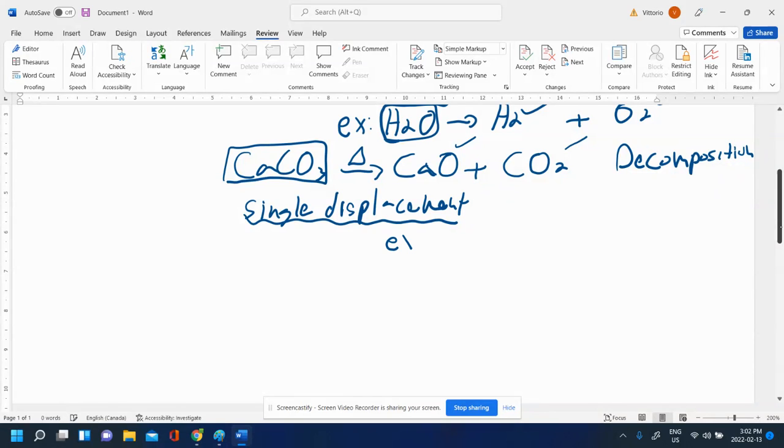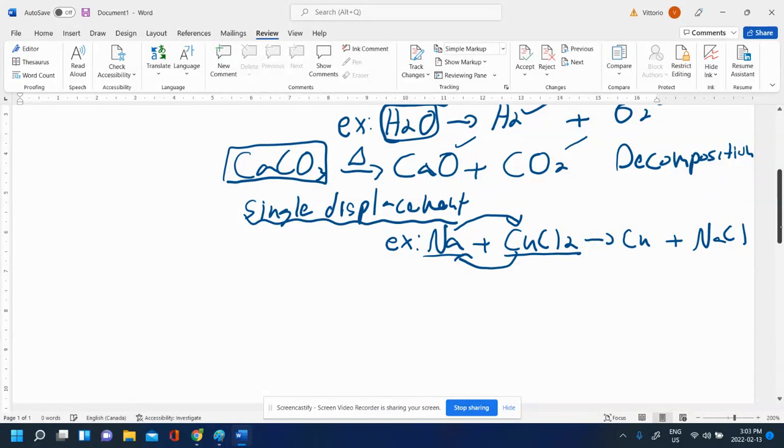So we'll have Na plus CuCl2. Element alone reacting with a compound. The Na will kick the Cu out, and now the Cu will be alone, and now the Na is with the Cl.